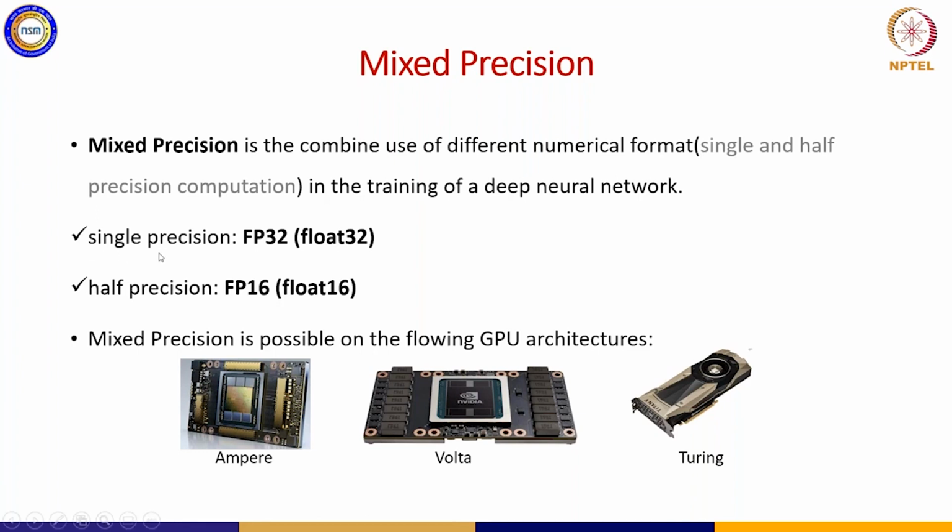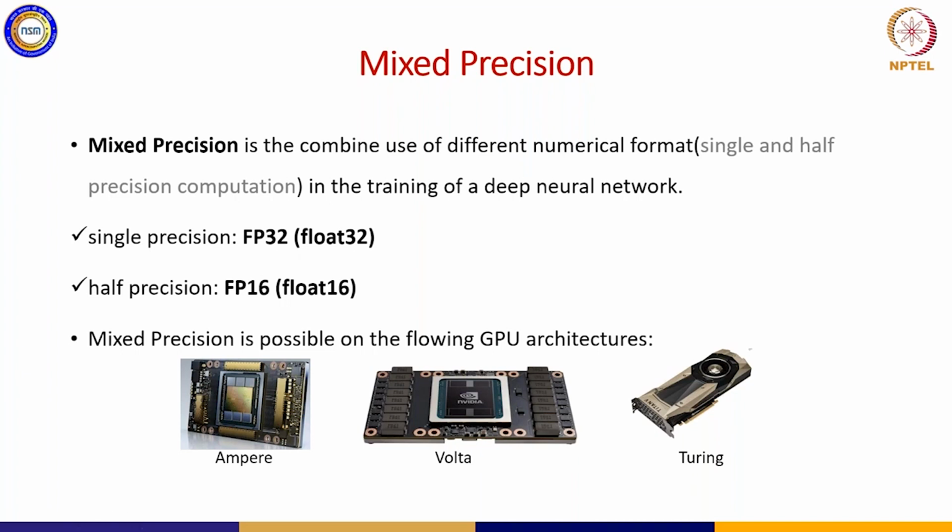Single precision is simply float 32, while half precision is float 16, which we call FP16. So in the training of a deep neural network, these two precision data types are being used. It is a high-level optimization process.